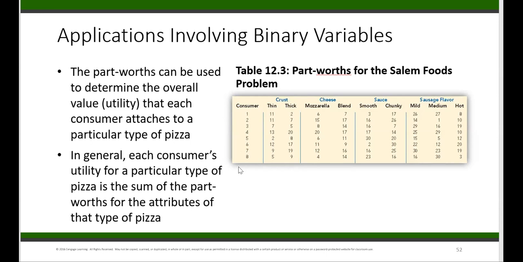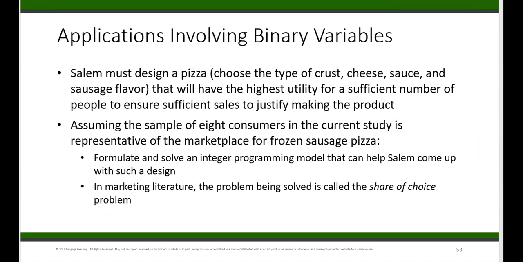So now, what are the decision variables? What is it that we need to make a decision about? The question here is to formulate and solve an integer programming problem that can help Salem come up with such a design. So design of the product is our first decision. We want to come up with the best decision.